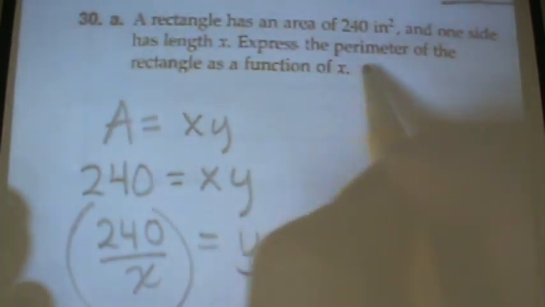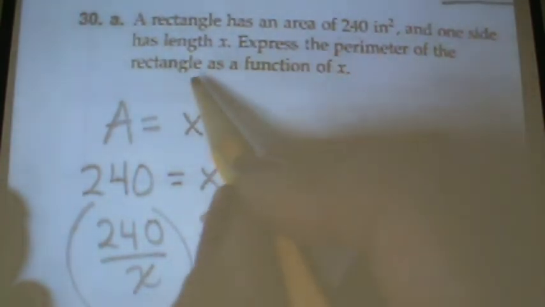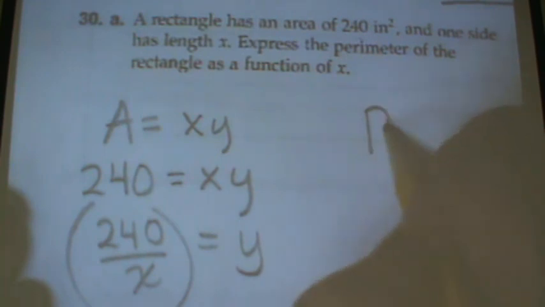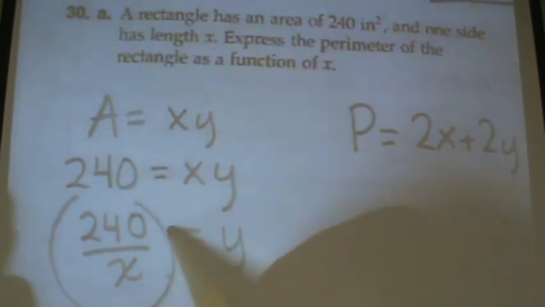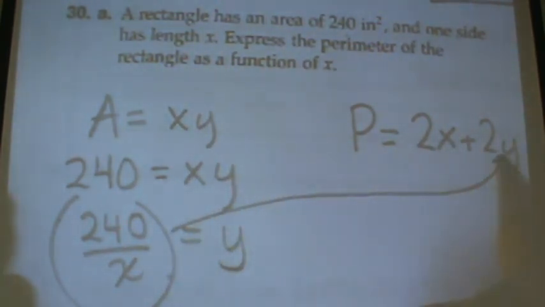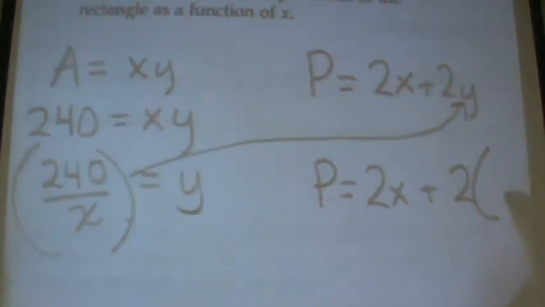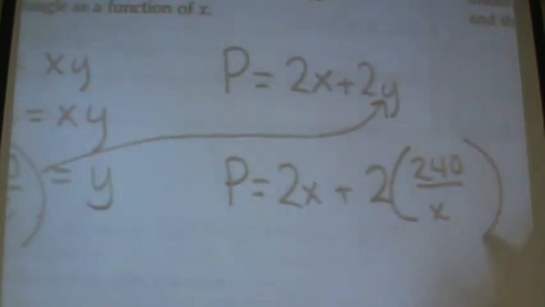We want to express the perimeter of this rectangle as a function of x. So the perimeter is going to be 2x plus 2y. You're going to plug this in for y right here. So you have perimeter is equal to 2x plus 2 times 240 over x.